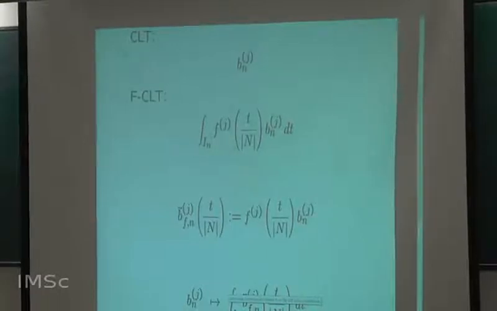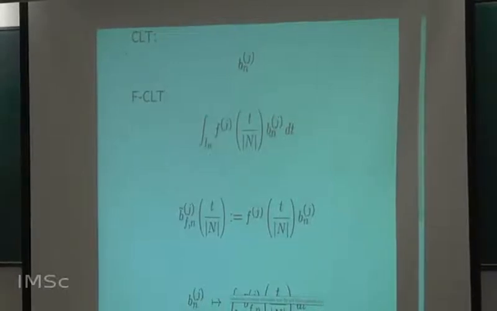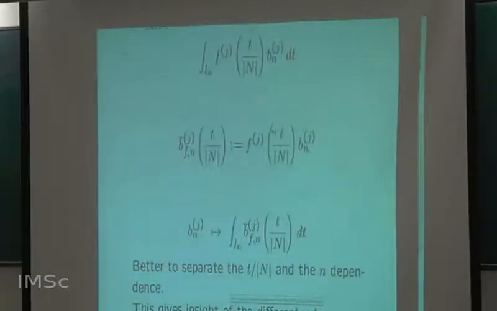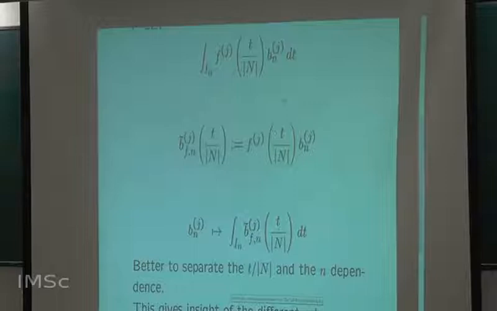So f is a scalar, typically a complex number, but B_j is an element of the algebra, so the algebra expectation will be on this, and the integral will be on this. Of course, one could take a more general point of view and consider functions with values in the algebra. However, in my opinion, it's more convenient to keep this separation of the roles because it will give you more insight.